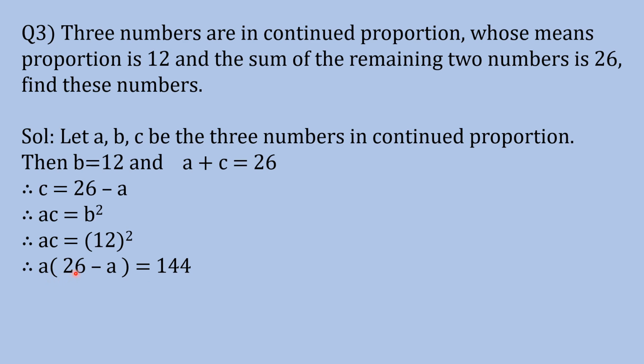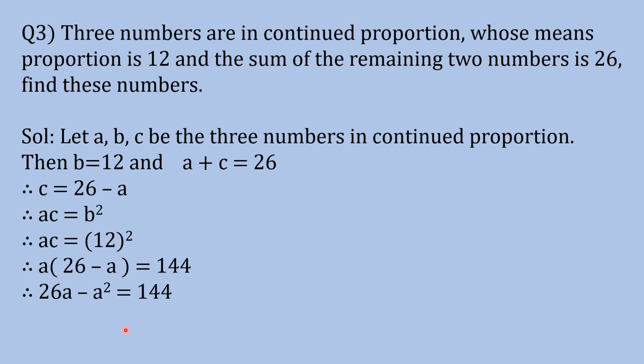Now student, I'll multiply and remove the bracket. So A into 26, 26A, minus A into A, that is minus A square. So I'll get 26A minus A square equal to 144. Now student, let's bring all the terms to one side. I'll bring them to my right hand side.